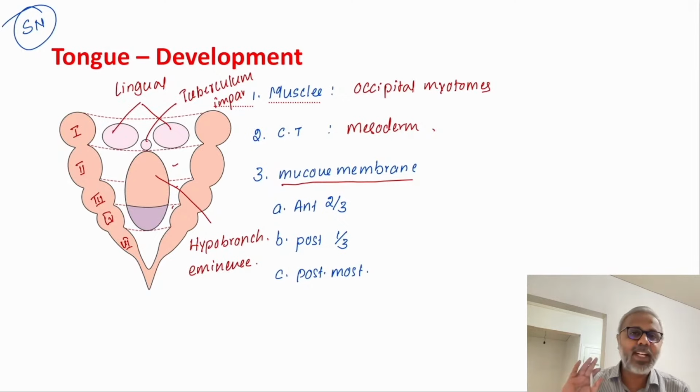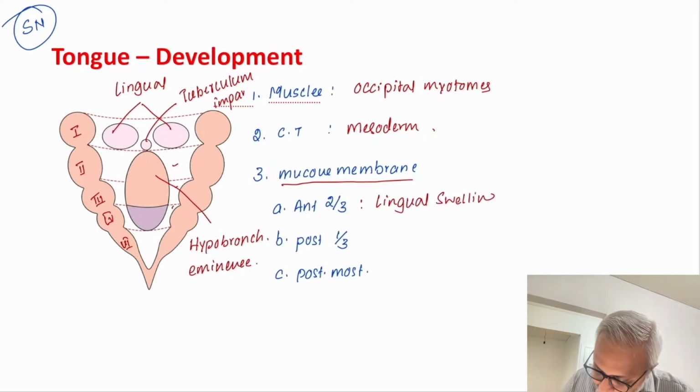Now what we need to do is summarize how the anterior 2/3, posterior 1/3, and posterior most part of the tongue come about. The anterior 2/3 of the tongue, remember, comes from the lingual swellings plus the tuberculum impar. What about the posterior 1/3?